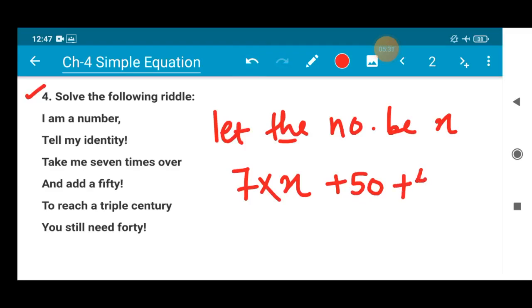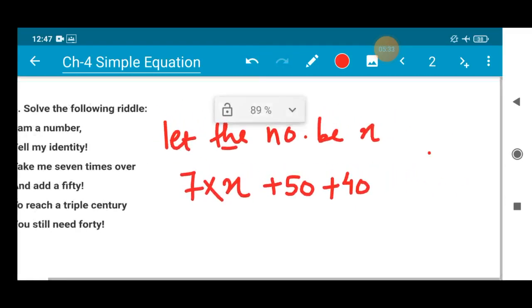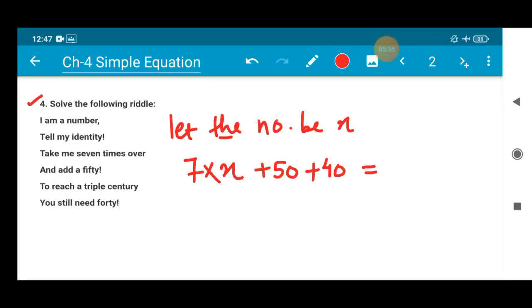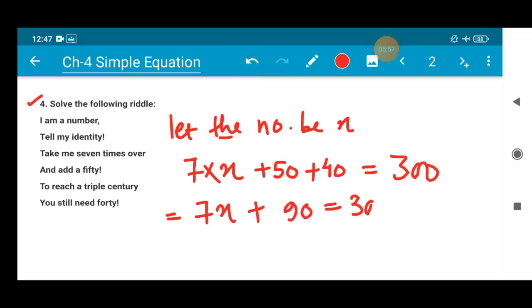In our last class I told you regarding Rahul and Sachin's score, right? A triple century is 100 into 3, that is 300. So to reach 300 you still need to add 40. Simple, isn't it? So you just frame the equation: 7x plus 50 plus 40, which is 7x plus 90, equal to 300.